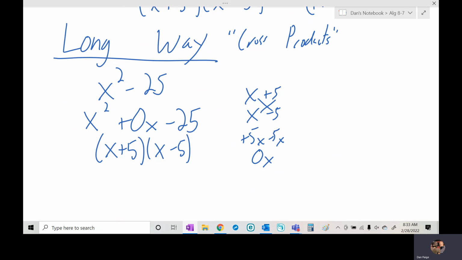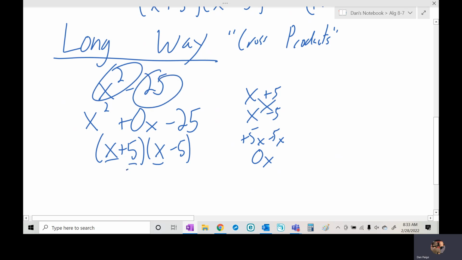So a difference of squares: one plus, one minus. The square root of the first one is the first. The square root of the last one is the last. That's it. It will benefit you to write the plus sign first and the minus sign second.